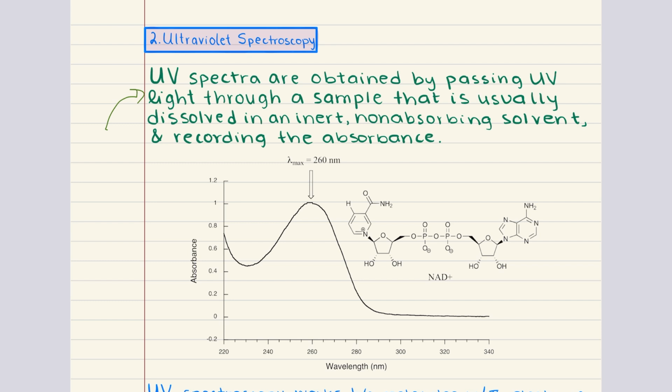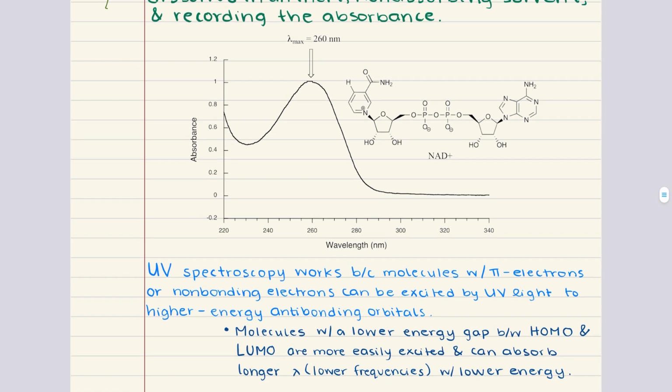As the light passes through, we record how much is absorbed at different wavelengths, and this produces a graph called a UV spectrum, which shows absorbance on the y-axis and wavelength on the x-axis. One important feature of the spectrum is something called lambda max. This is the wavelength where the molecule absorbs the most light.